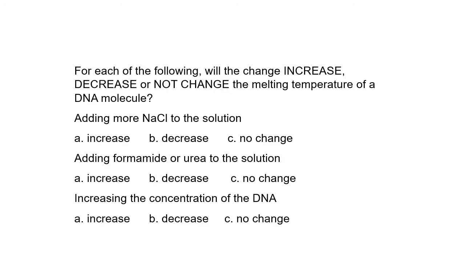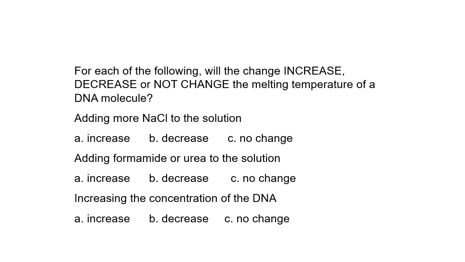A reminder. For each of the following, will a change increase, decrease, or not change the melting temperature of a DNA molecule? Adding more sodium chloride to the solution might increase, decrease, or not change the melting temperature. Adding formamide can increase, decrease, or not change the melting temperature.